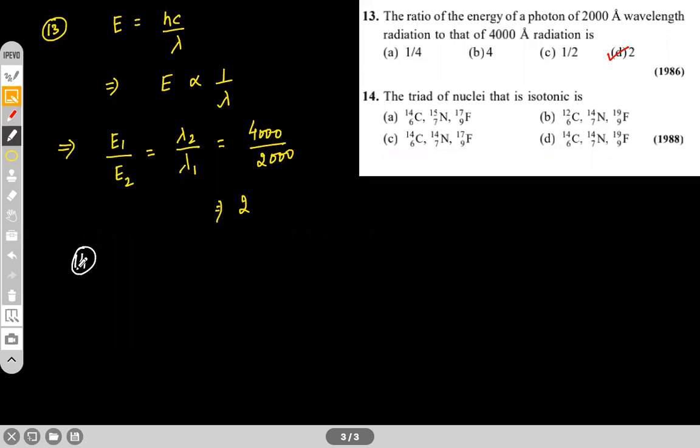Okay. Now the next one. The triad of the nuclei that is isotonic. Okay, so what is isotonic first of all?